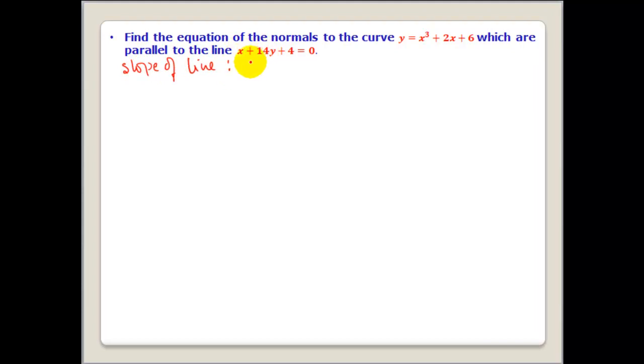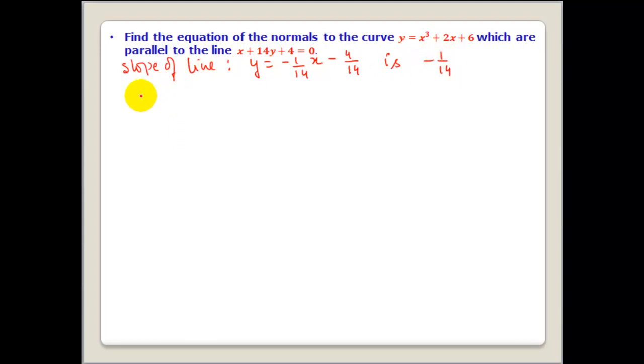It can be written in the form y is equal to mx plus c, then it will take the form y is equal to minus 1 over 14 times x and then minus 4 over 14. Okay, so slope of this line is minus 1 over 14.